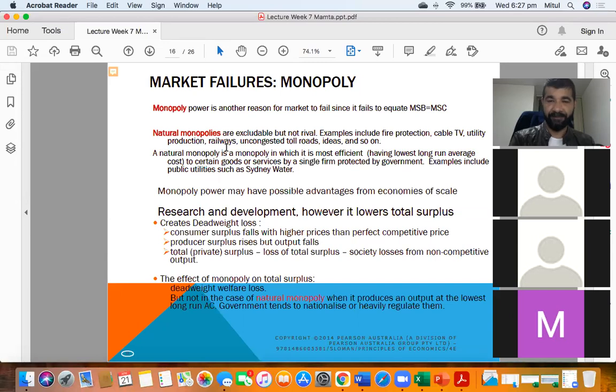So research and development, how does it lower the total surplus? When there is research and development, a lot of costing is involved.